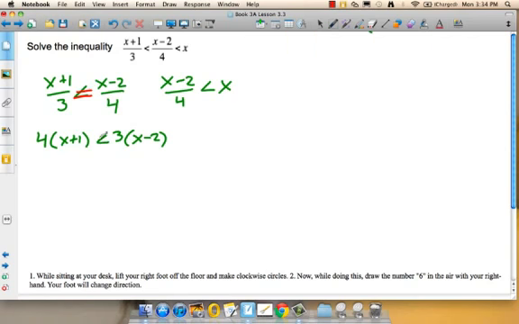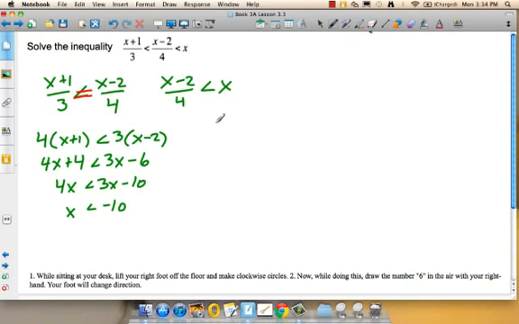Like I said, you use the rules in the same way as we've established before. So 4x plus 4 is less than 3x minus 6. So 4x is less than 3x minus 10, which means x is less than negative 10. So that's the first half of the inequality.